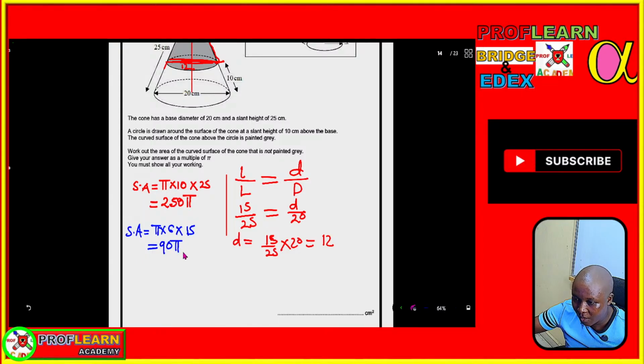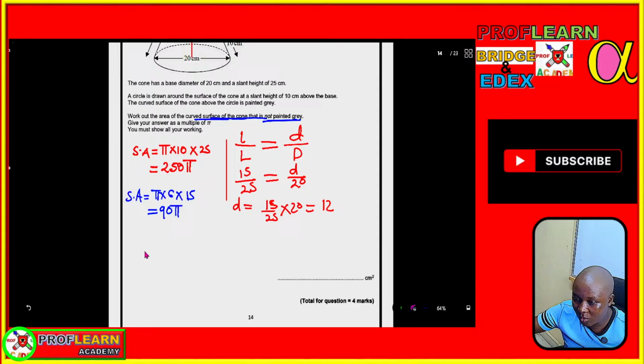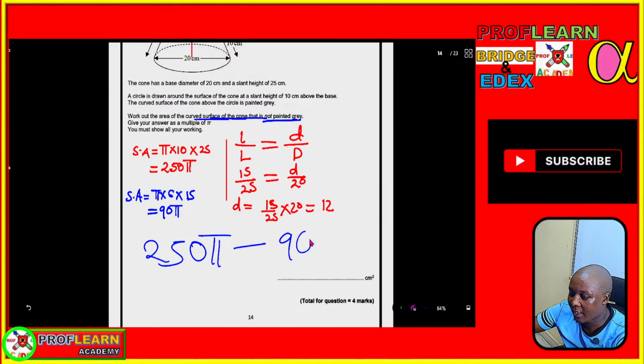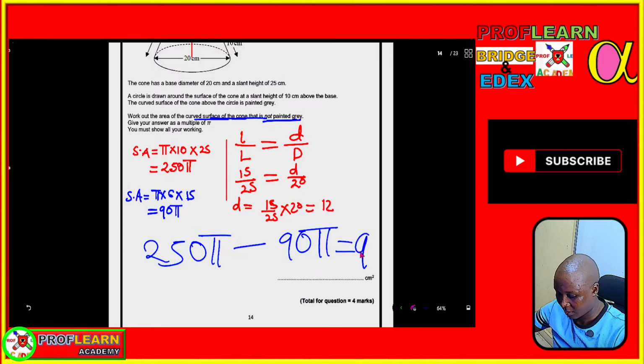If you work it out, it translates to 90 pi. Then because we were asked to work out the area of the curved surface of the cone that is not painted gray, this is going to be 250 pi minus 90 pi. If you work it out, we get our answer as 160 pi.